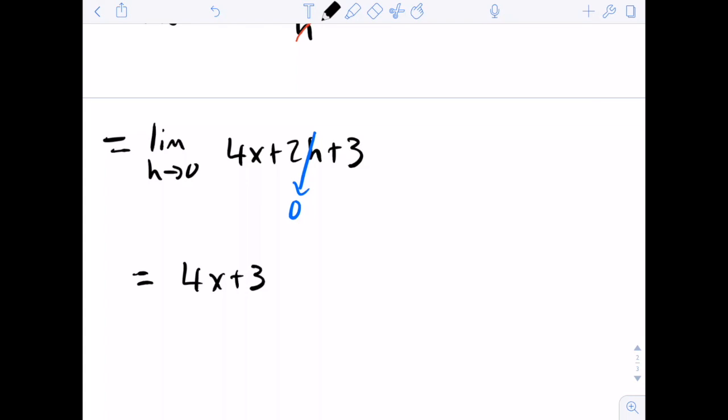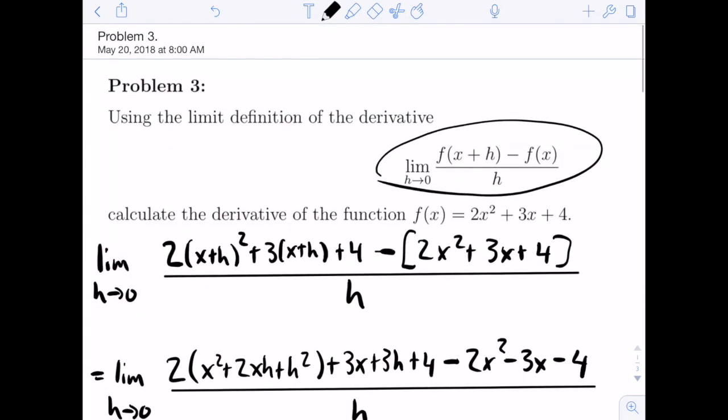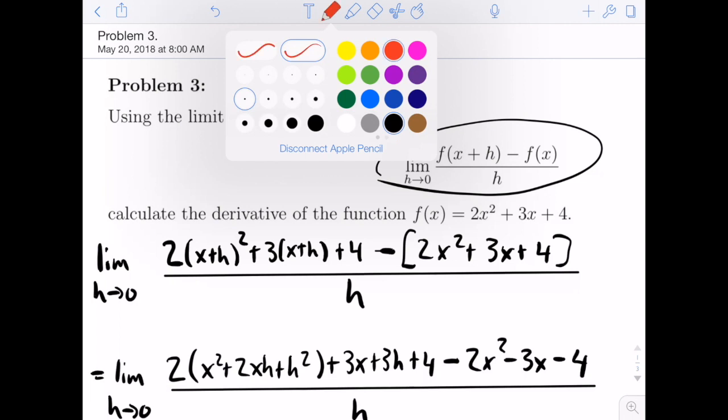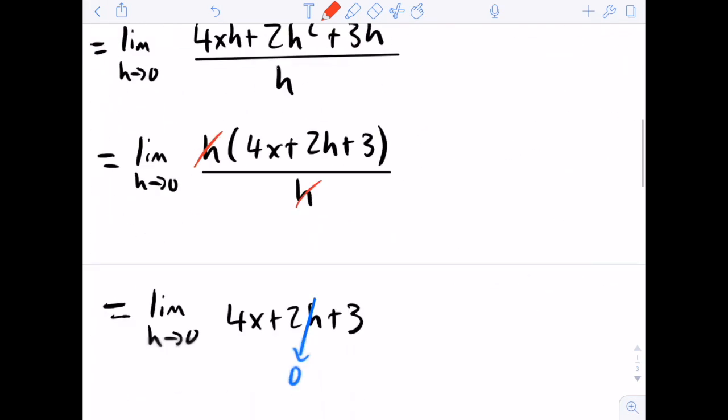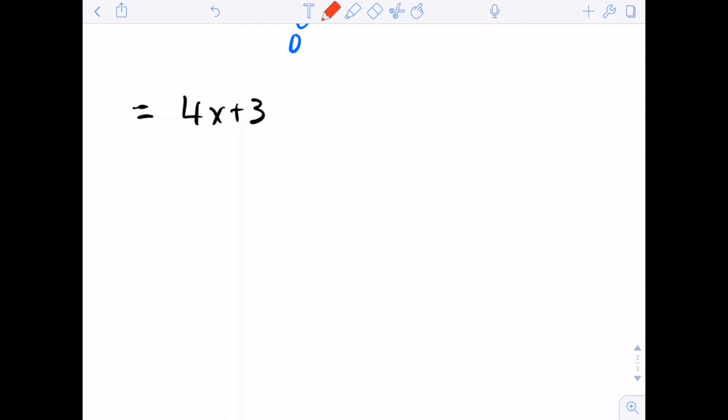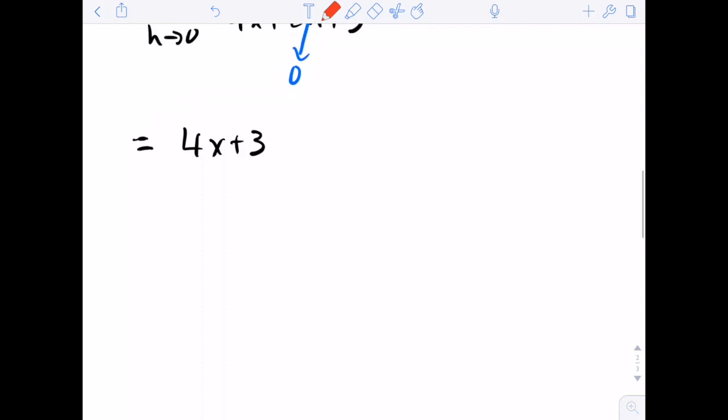If you look back up at the top, remember the original function we started with was 2x squared plus 3x plus 4. And like I said before, just by looking at that, knowing the power rules for derivatives, we would be able to say pretty easily that it should be 4x plus 3. And there you go. We calculated that to be 4x plus 3.